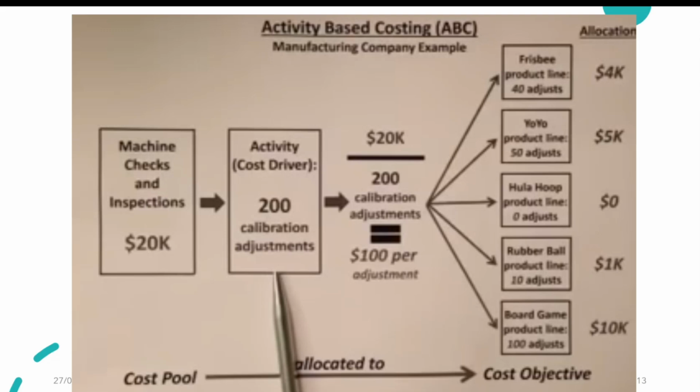So this is another example showing the relationship between cost pool, cost driver rate, and how the rate can be applied to find out the proportion of the overheads taken by different sections of production.